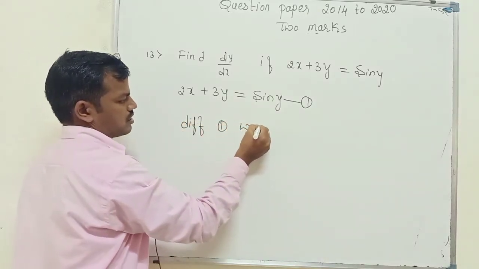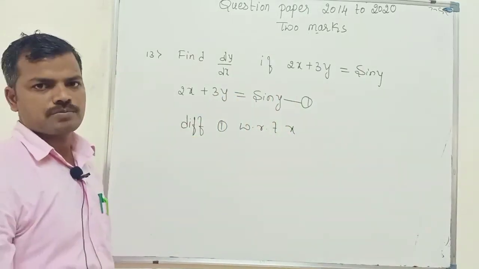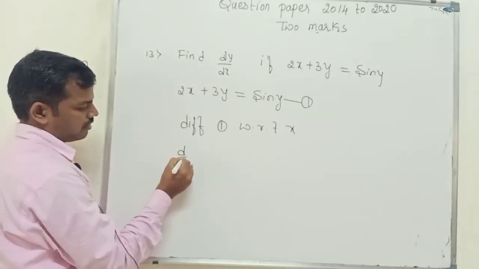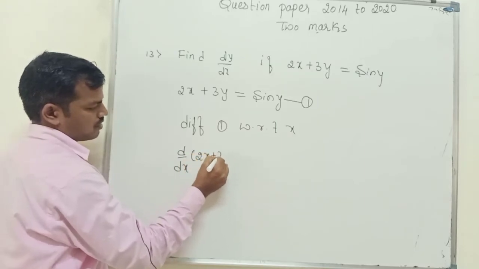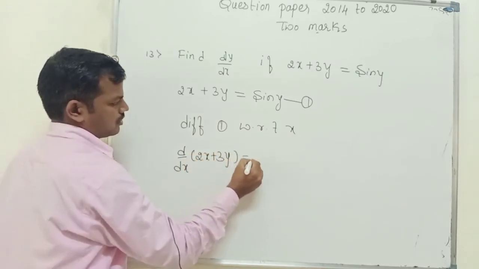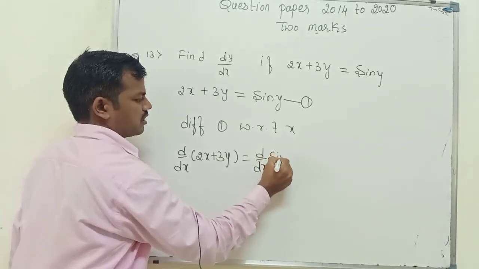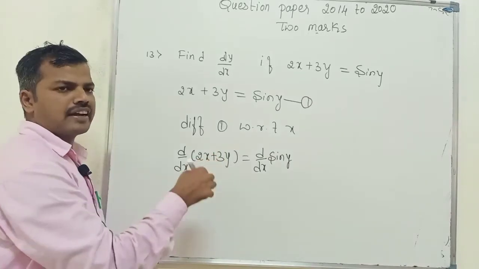If you apply the derivative on both sides, the derivative of 2x plus 3y is equal to the derivative of sin y. Here you should have the skill of identifying the dependent and independent variables.